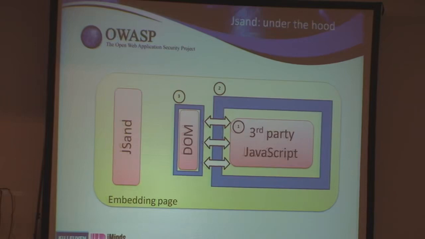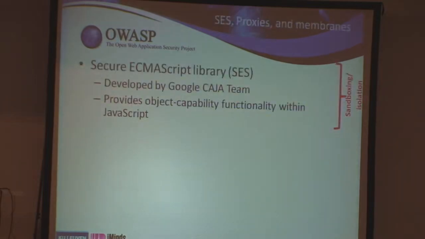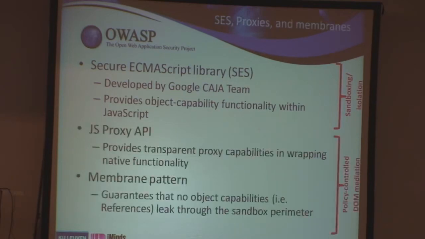What's interesting to actually tell is which of the components enable this. Well, there are actually three components as very important building blocks that enable this kind of sandboxing technology. The first one is a client-side library called Secure ECMAScript, and it's developed by the Google Caja team. And what it does, it actually provides you such an isolated environment. You can load any snippet of JavaScript as part of that environment, and you only can define what access that script has. And it's very limited by default. But of course, in order to actually give it more functionality, more access to surrounding APIs, we need to provide the wrappers.